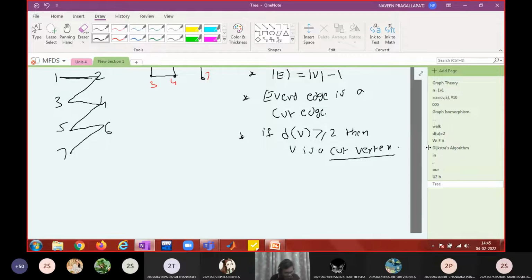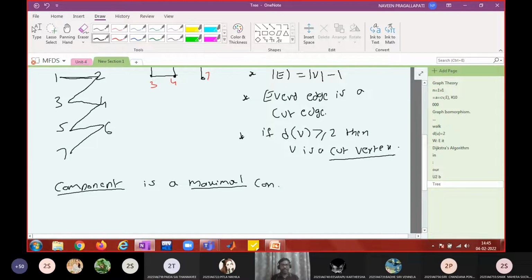Then what about the formula for the number of components? What do you mean by component? A component is a maximal connected subgraph of G. A graph may be connected or disconnected.